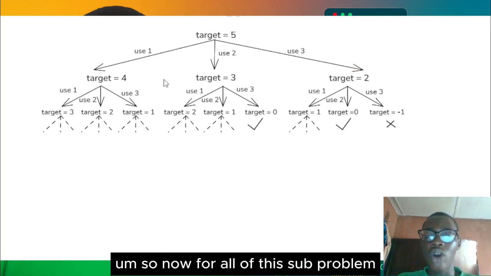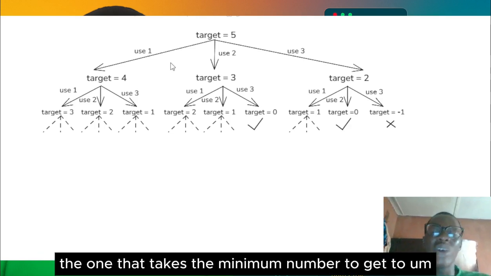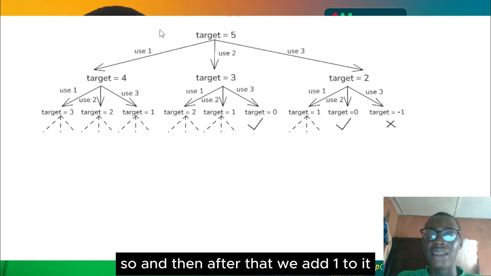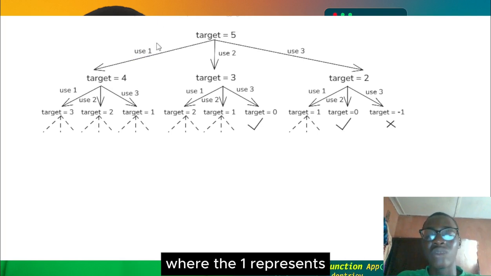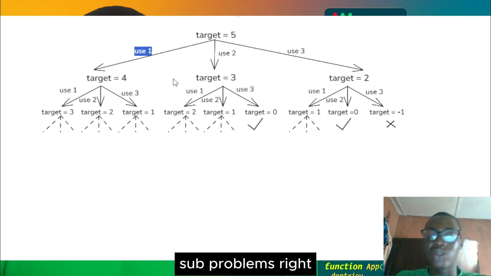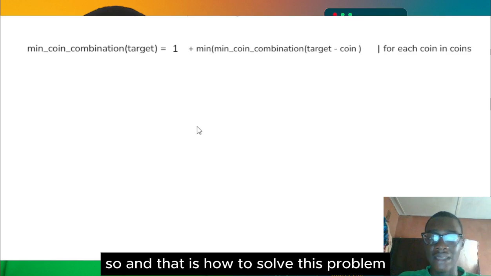Now for all of these subproblems, we just have to find the minimum between them, that is the one that takes the minimum number to get to the target. And after that we add 1 to it, where the 1 represents the actual coin that is used to create these subproblems. And that is how to solve this problem.